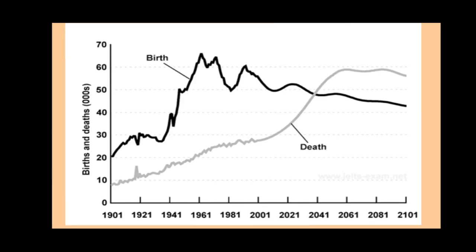In this graph, where is the death rate maximum and how much is it, where is the birth rate maximum and how much is it, where is the birth rate minimum and how much, where is the death rate minimum and how much, at which point is the birth rate starting to rise or starting to fall, and at which point is the death rate constant or starting to fall or rise.